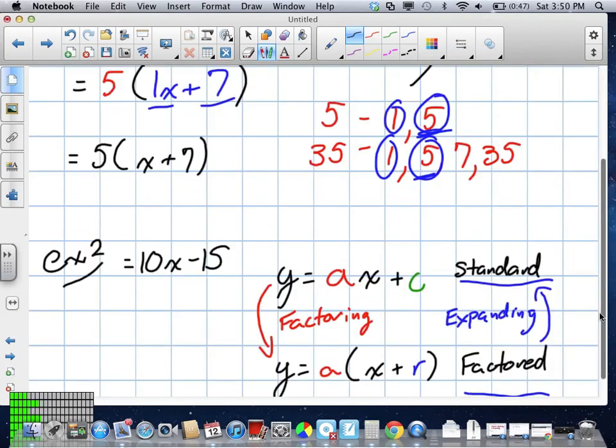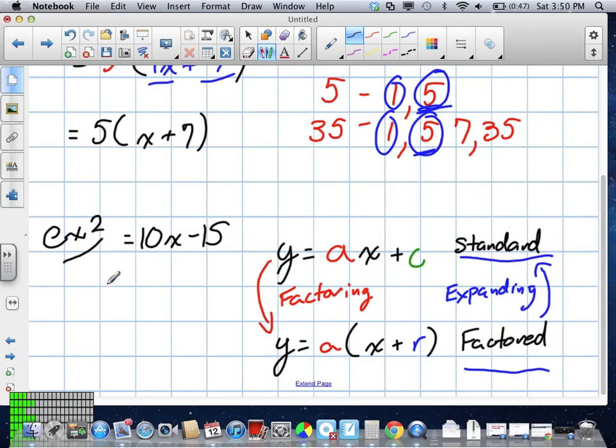Let's take a look at this. 10x minus 15. I need common factors. Between 10 and 15, do you know what the greatest common factor would be? 5, that's right. We're already starting to see them. So what do I do to each term? Divide each by 5. Where does that 5 go? Outside the bracket.